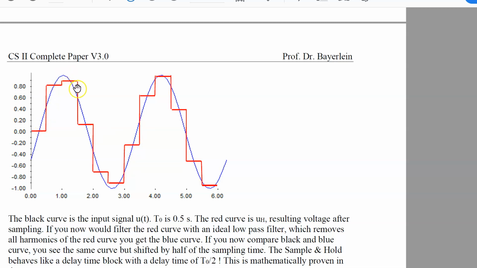You can just filter the harmonics away and get the base curve of the red signal, and the base curve is drawn here in blue. You see that it is nearly in the middle of the red curve; it is the base frequency of my rectangular red curve. If I filter away all harmonics of the red curve, finally I get the blue curve.